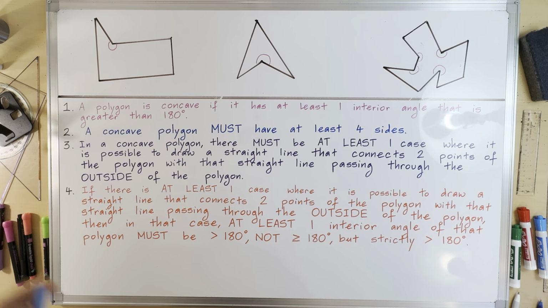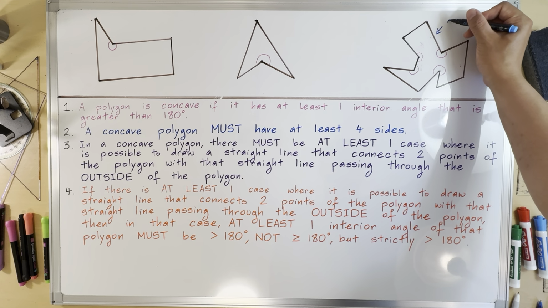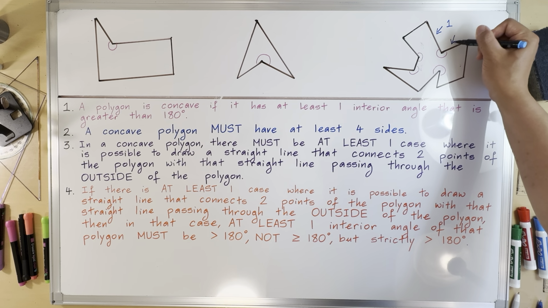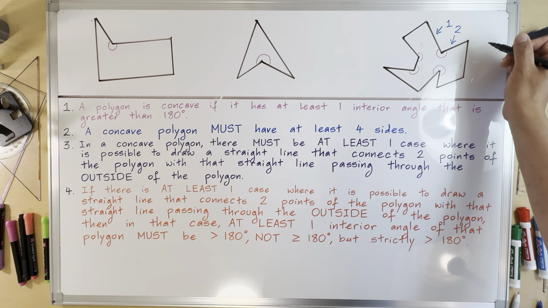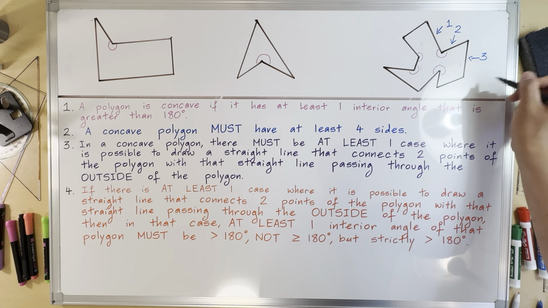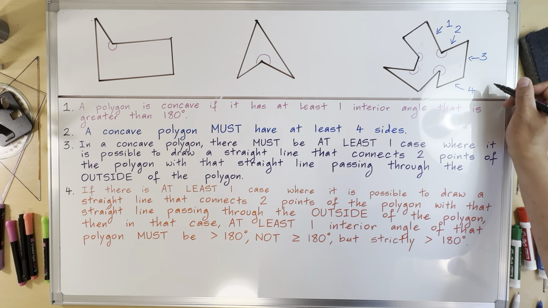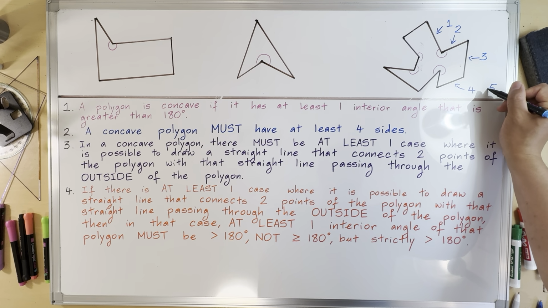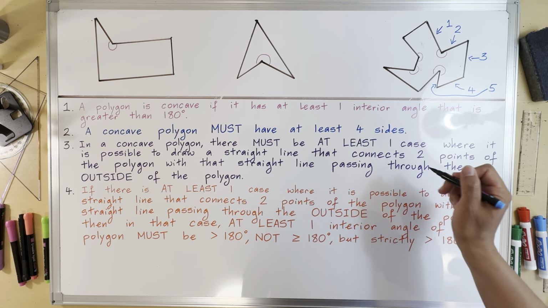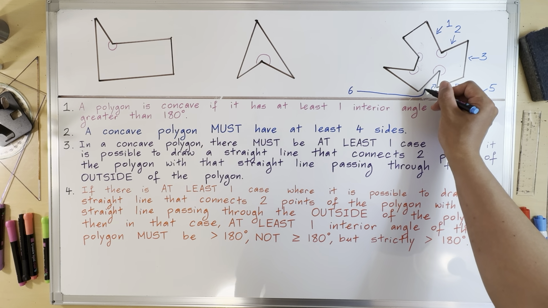I'm just going to change the color of the pen. It has one side right here. It has a second side right here, followed by a third side right here, a fourth side right here, a fifth side that is right over here, a sixth side that is over here.